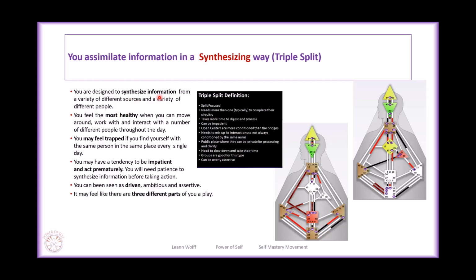Assimilating information, having a variety of different people come and go out of your design. So important. Because why? Well, if it's the same exact people all the time, that becomes conditioning, because there's nothing per se new for wisdom coming in. But when you interact with a variety of different people, then all sorts of information can flow through you.